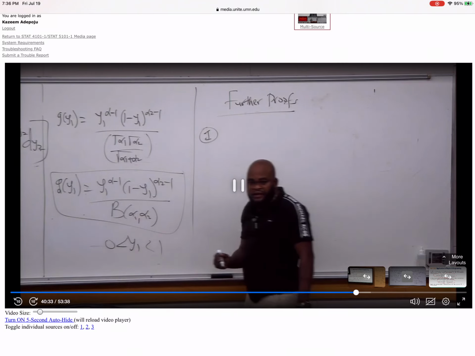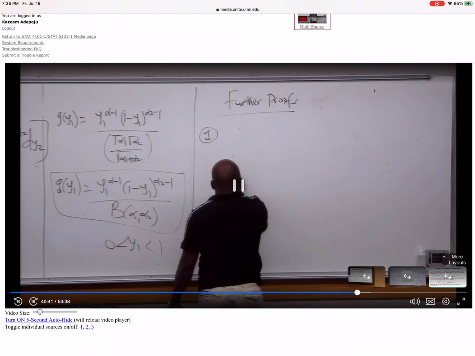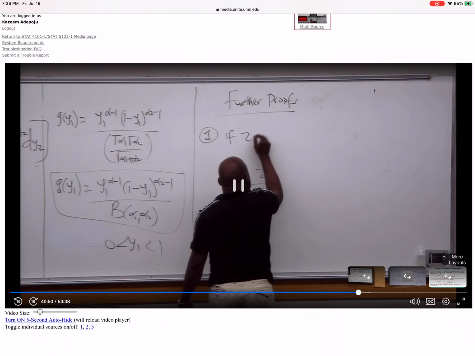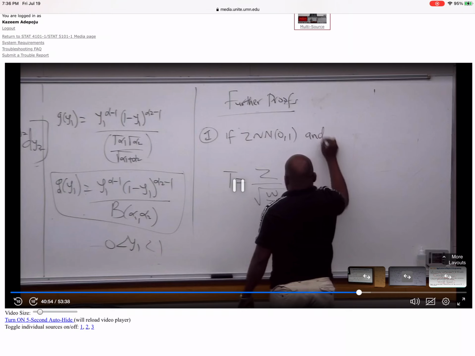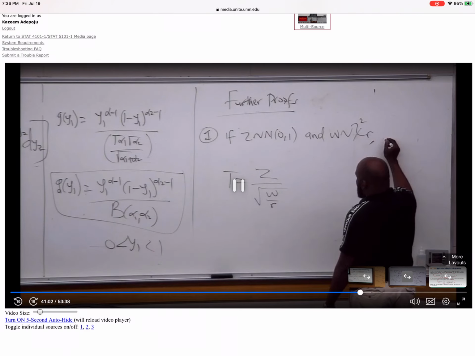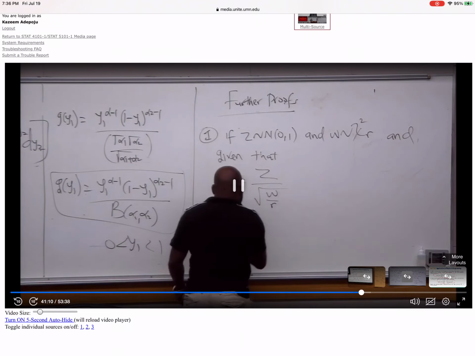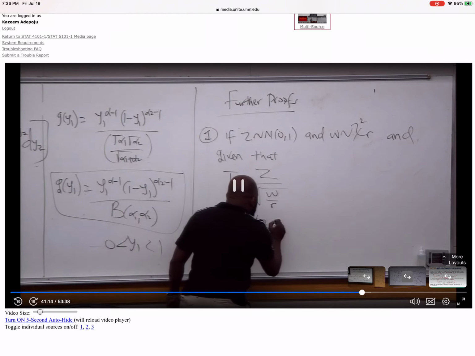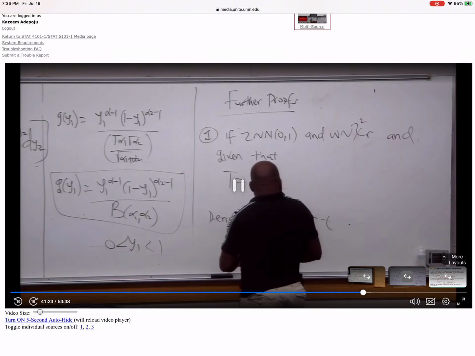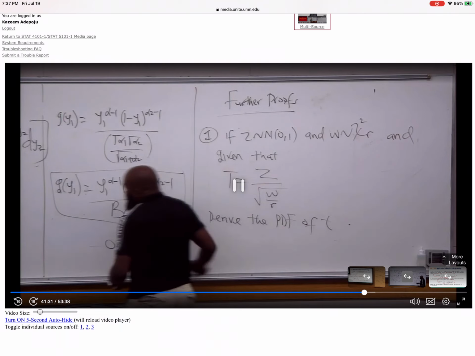Number one: do you know that if I take T equal to Z divided by this, if Z follows a normal and W follows a chi-square with r degrees of freedom, and given that this, derive the PDF of T. This is number one, the PDF of T that we want to derive.